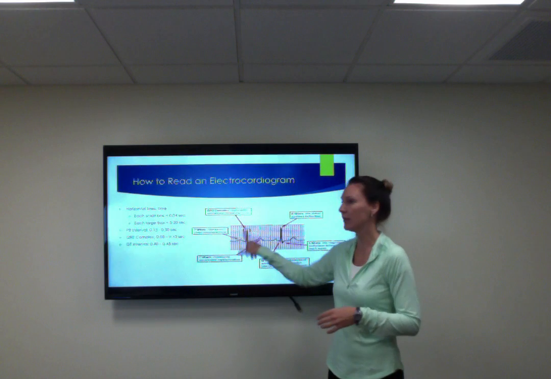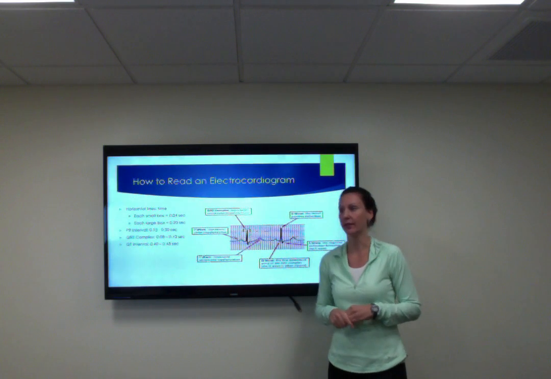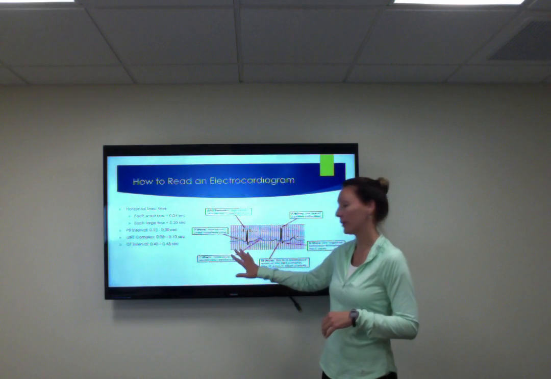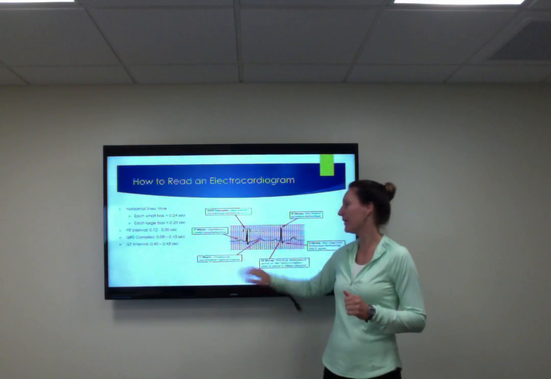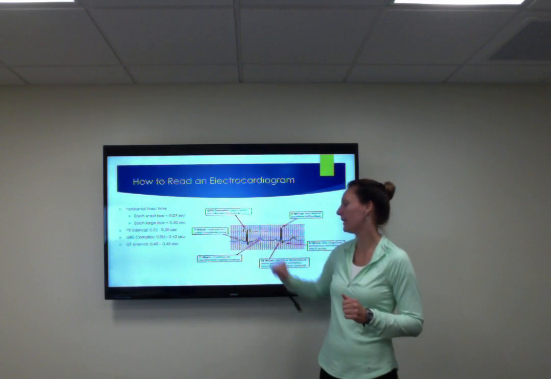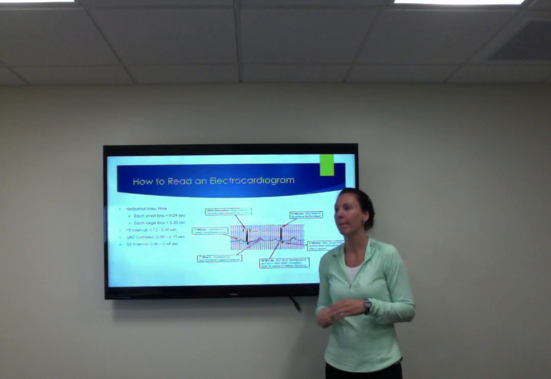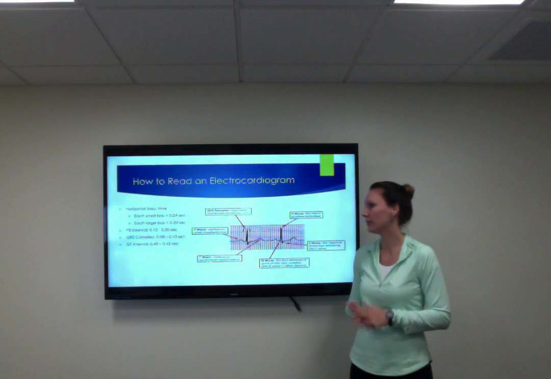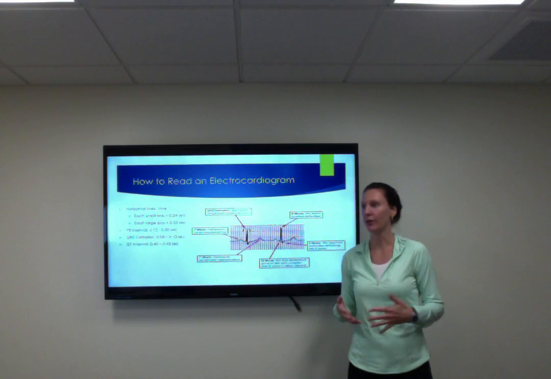The next one right here is your QRS complex, which is made up of 3 waves. It begins with the initial downward spike of the Q wave, then comes back to an upward spike of the R, and back down to the S. This QRS complex represents ventricular depolarization and contraction.